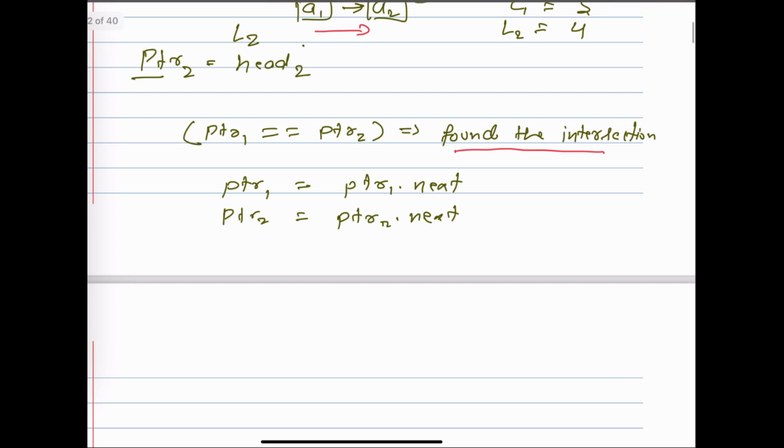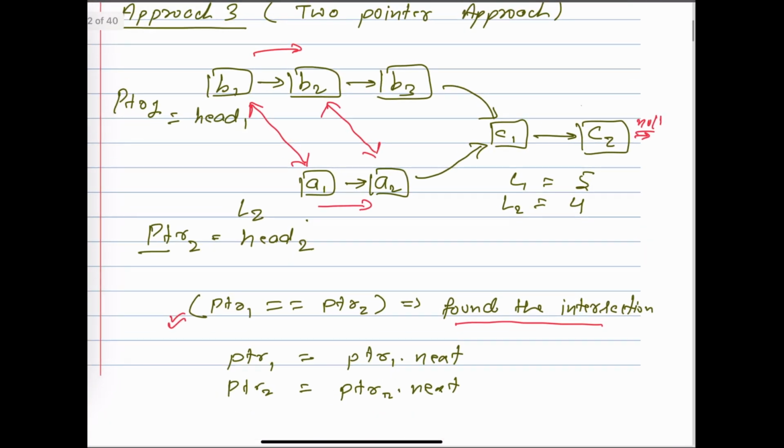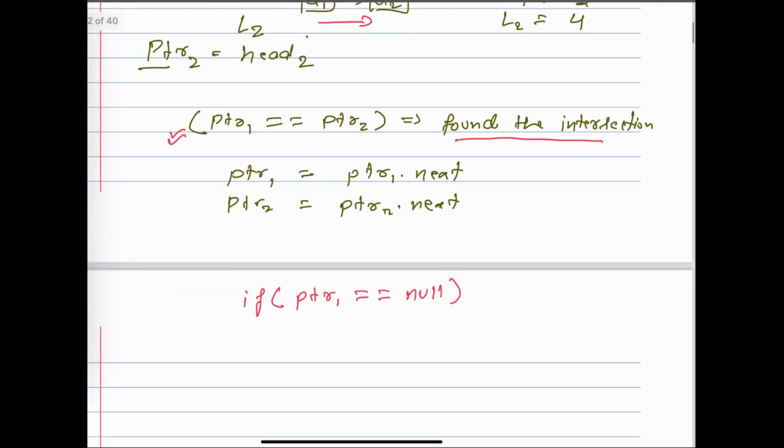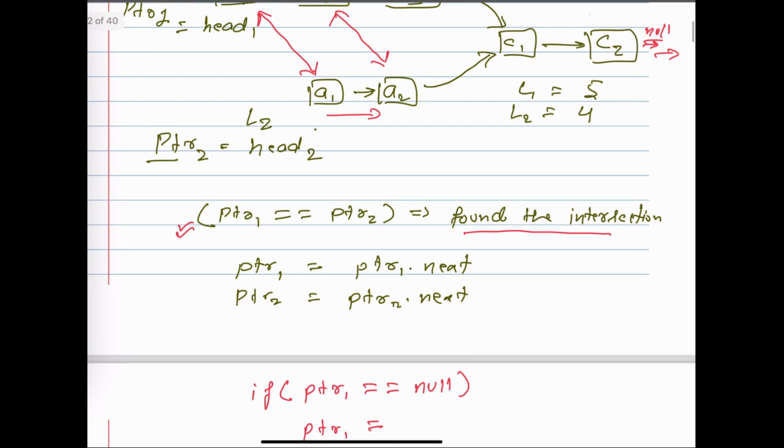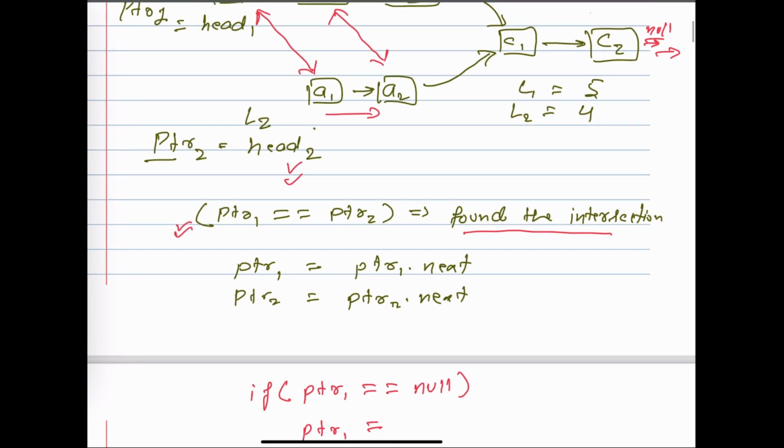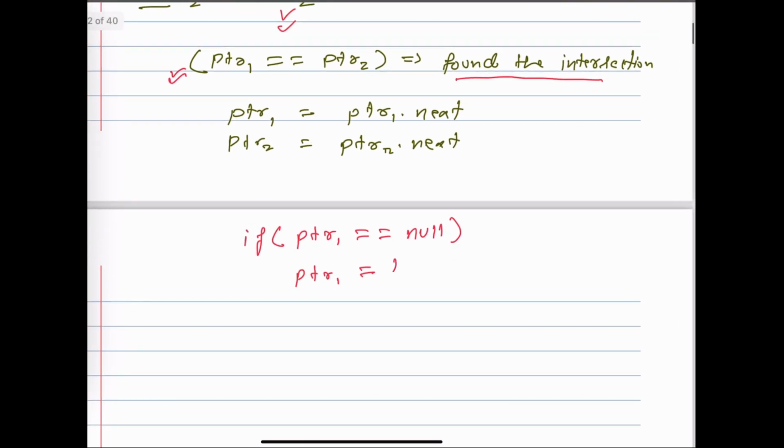So in that condition, if it has not found pointer 1 equal to pointer 2, and if my pointer 1 is equal to null, which means pointer 1 has reached null here, then I will make my pointer 1 point to head 2, which is nothing but the head node.